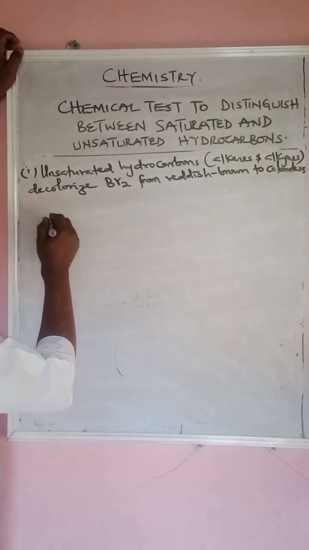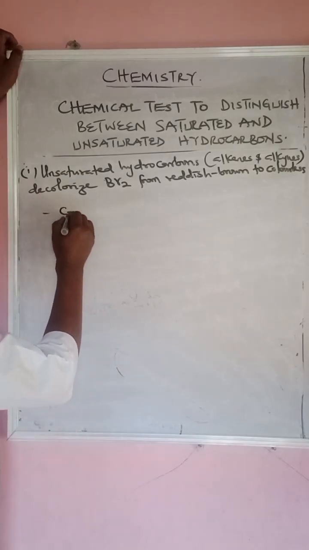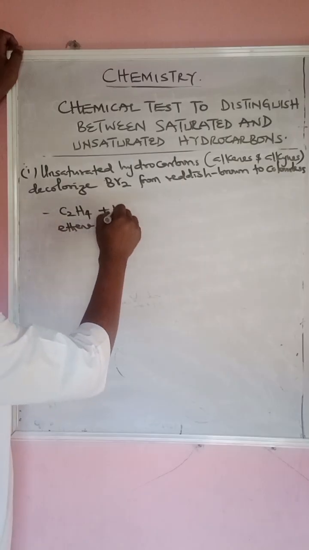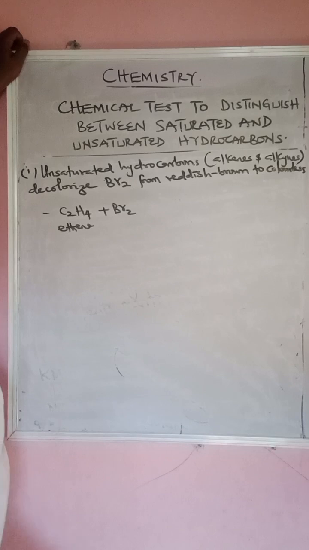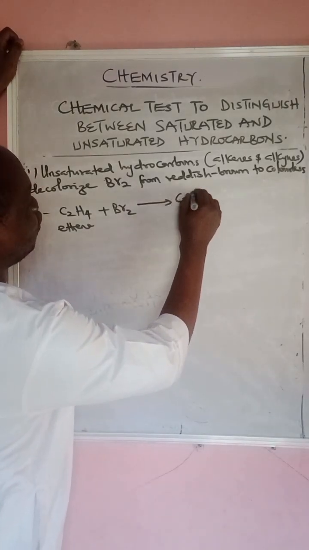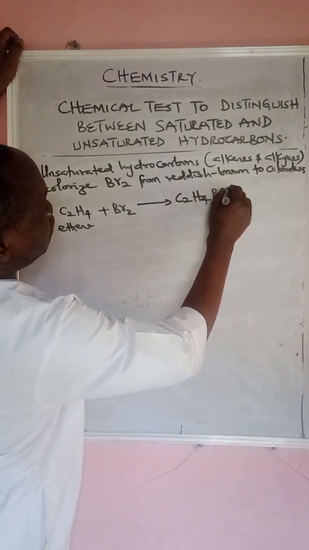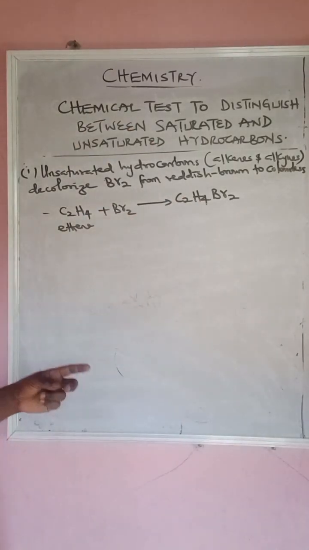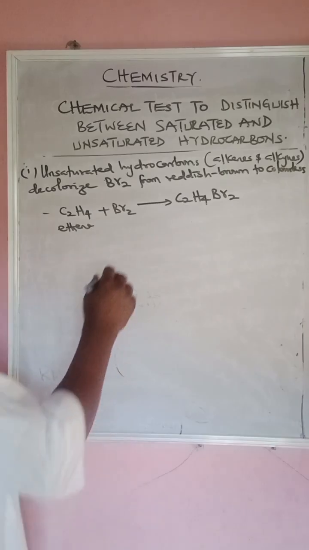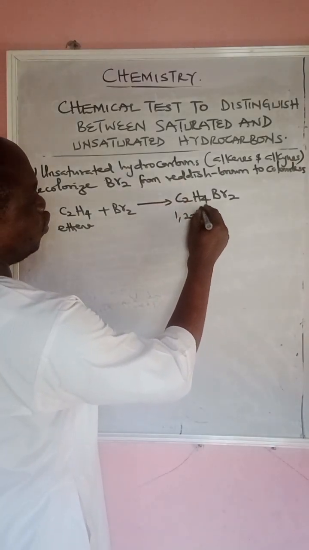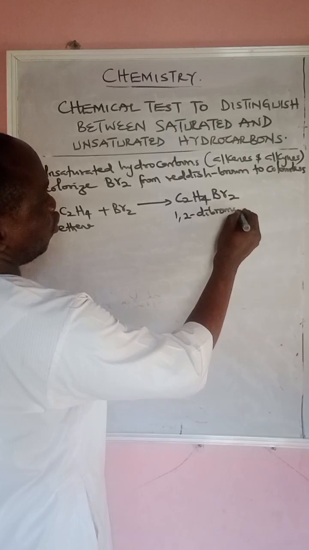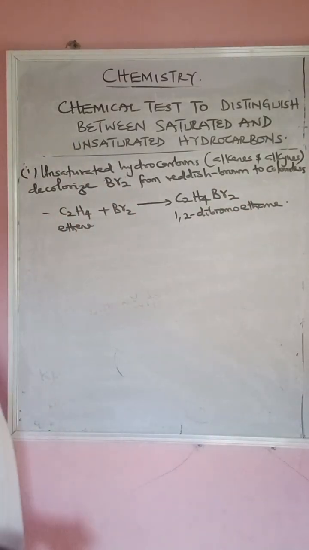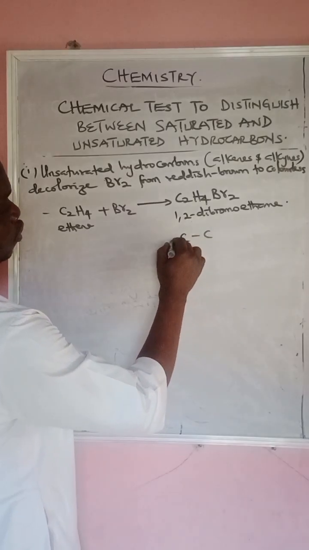So let's see the equation. Number one, let me see C2H4. This is ethene. Now reacting with bromine gas. That is addition reaction. So it will be C2H4Br2. Just add straightforward. When you name this, it will be 1,2-dibromoethane.